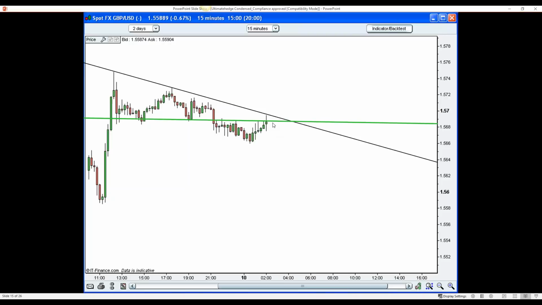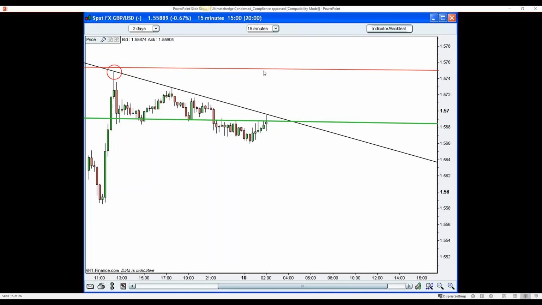So what do we do? Well, we say, okay, right here, we're going to sell, right? And we're going to say this was the most recent big swing high. So that's where we want to put our stop. So I'm going to sell here, saying the market's going short. But if I'm wrong and the market comes all the way up here against me, then I'm going to get out, right?